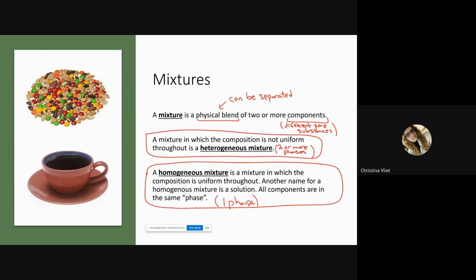Most of the year will be focused on homogeneous mixtures, which you can also call homogenous. It's like potato. You could say it either way, and depending on what resource or who you're talking to, they'll use one of those two.